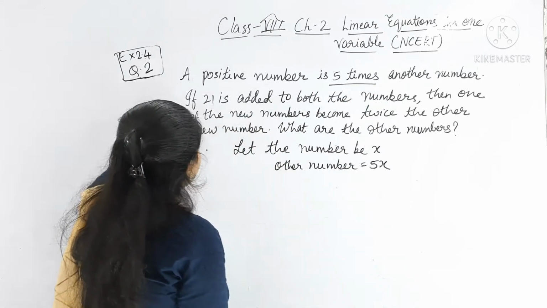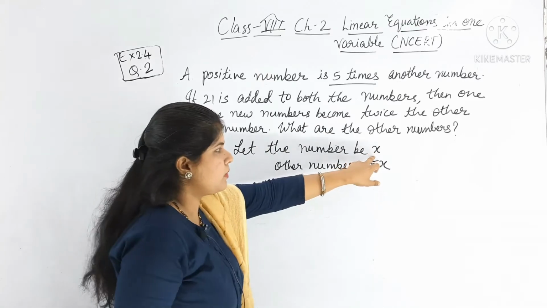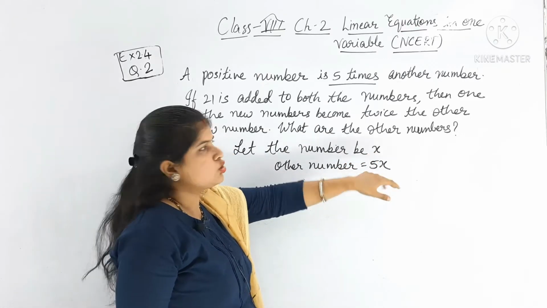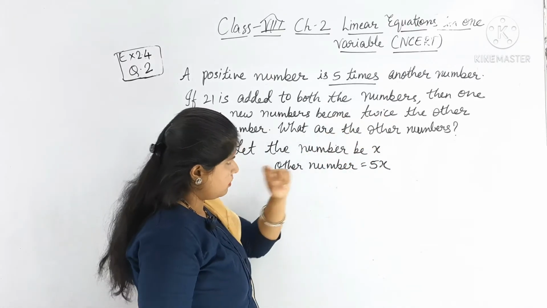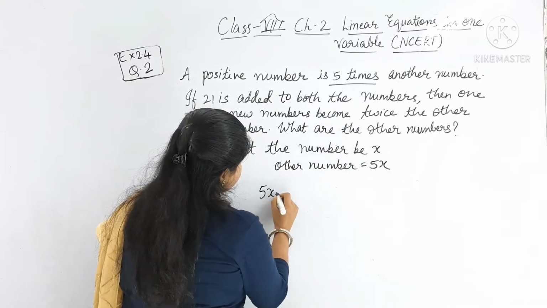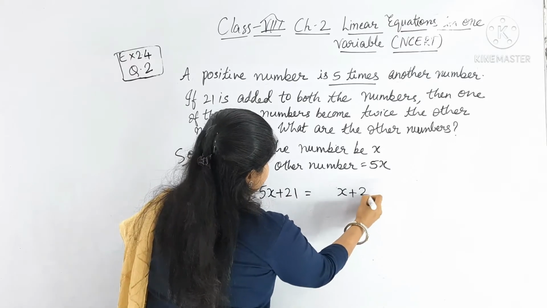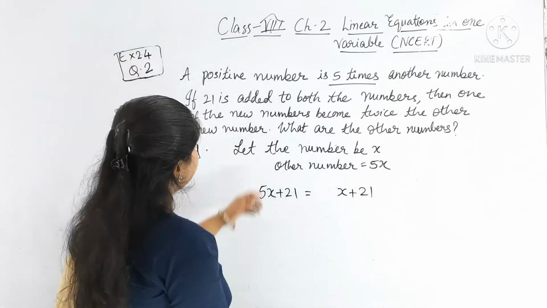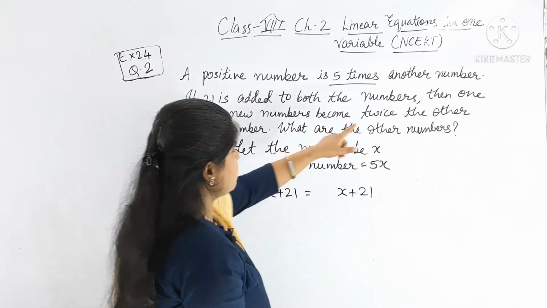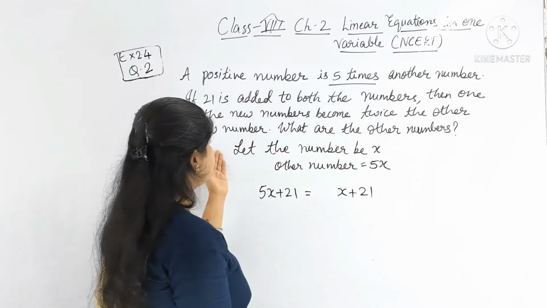Now, if 21 is added to both the numbers, these are the numbers x and 5x, so the new numbers are formed by adding 21 to both. Here I can write 5x plus 21 and x plus 21. Then one of the new numbers becomes twice the other new number.